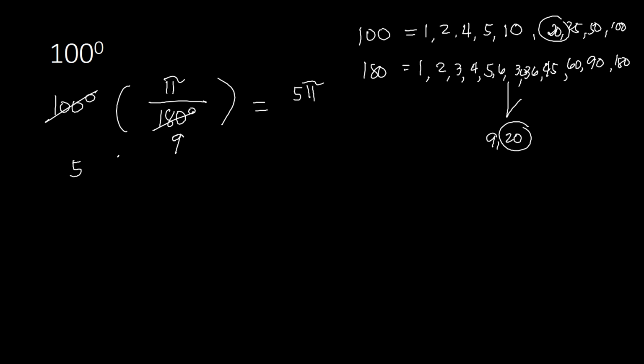And then we understand that once we have this as a whole number, we can just rewrite that one into a fraction with a denominator equivalent to 1. So that means we can multiply our 1 with a 9 here. So that is why we have a 9 over here. So the final answer for that one is 5 pi over 9.